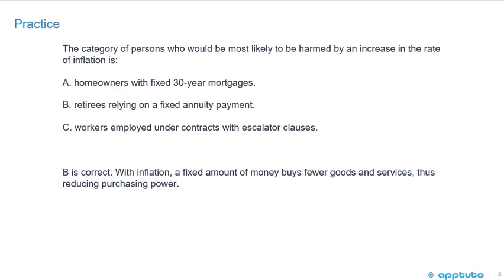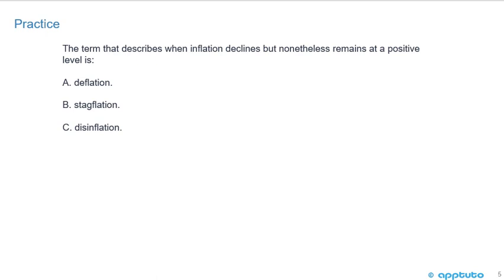And finally, C, workers employed under contracts with escalator clauses, well, their wages are going to rise with inflation. But if you're on a fixed annuity and your annuity does not increase, then your purchasing power has gone down. Inflation really harms retirees.